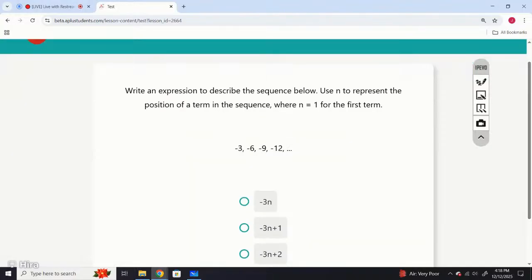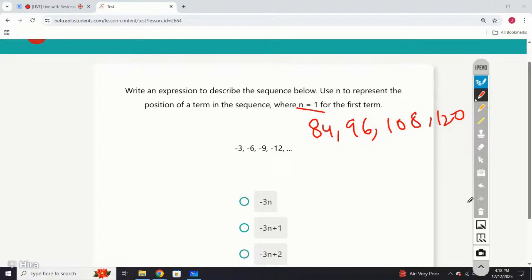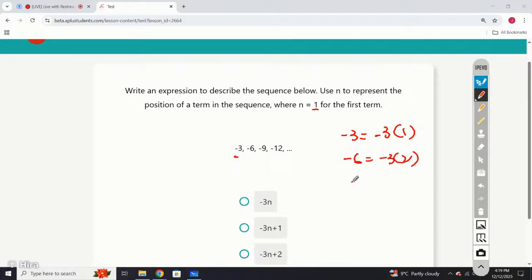Negative 3, negative 6, negative 9, and negative 12. So n equals 1. Let's look at negative 3, which equals negative 3 times 1, because we are going to start with 1. So negative 3 times 1, then negative 3 times 2, then negative 3 times 3.